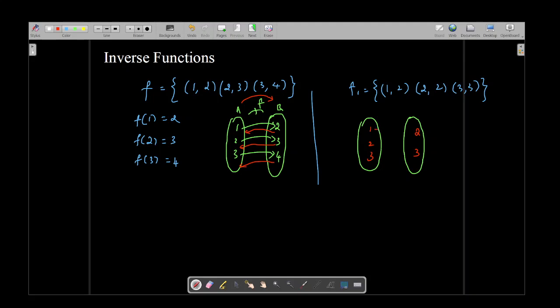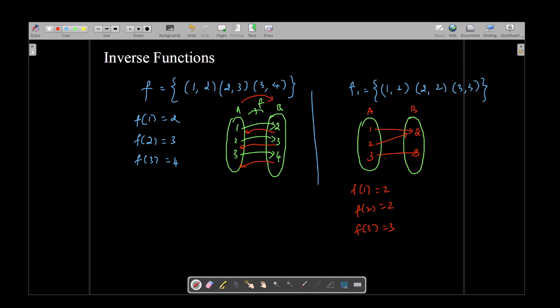So 1 is mapped to 2, 2 is also mapped to 2, 3 is mapped to 3. Let us take this as A and B. So here, f of 1 is 2, f of 2 is also 2, f of 3 is 3.